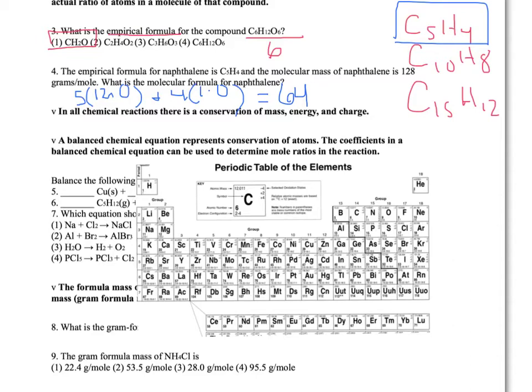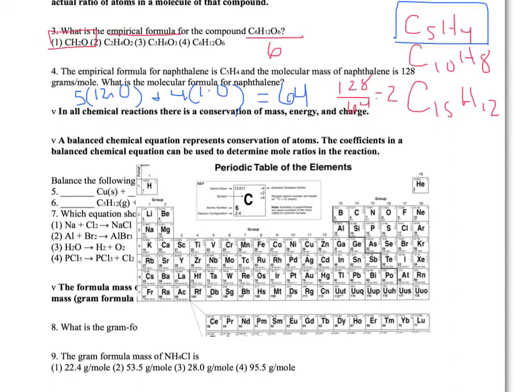But we have a molecular mass of 128. Remember that the molecular formula is just some whole number multiple of the empirical formula. So the next step would be to divide the molecular mass, in this case 128, by the empirical mass to find the whole number ratio, which is 2.